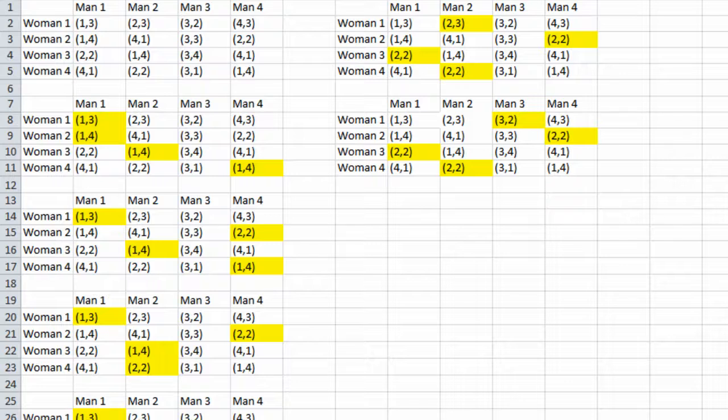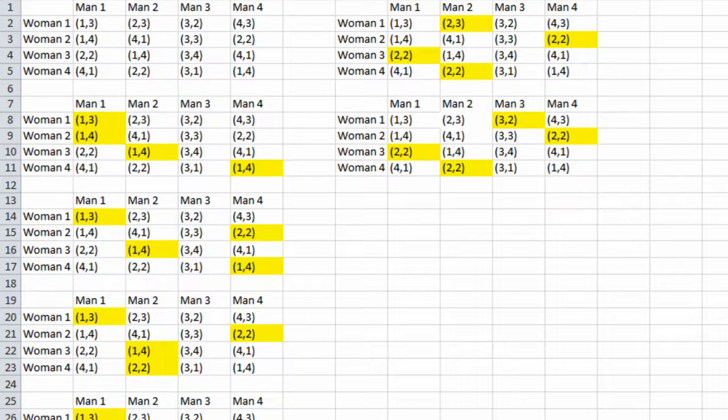Woman 2 will also propose to man 1. Woman 3 will propose to man 2. And woman 4 will propose to man 4. And now we will have our man 1, who has to choose among 2 women and reject his least favorite woman. So he rejects woman 2, and that completes our first round.